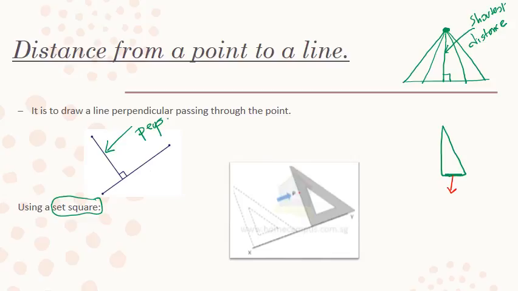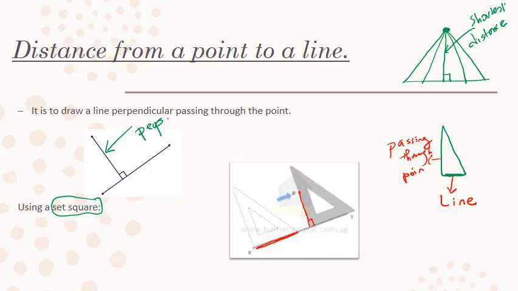You should always put the short side on the line, and the long side should always pass through the point. So as you see in the figure, we put the short side on the line and we let the long side pass through the point P. So we put the ruler on the line and we start moving until the long side passes through the point, and then we draw this line.